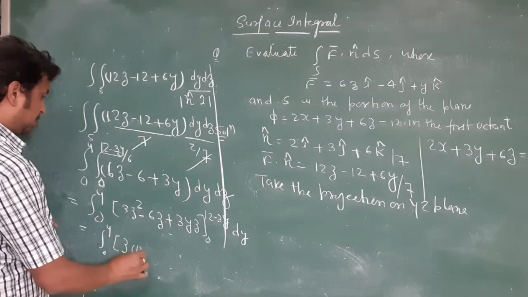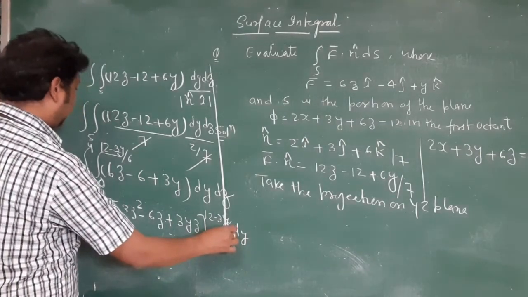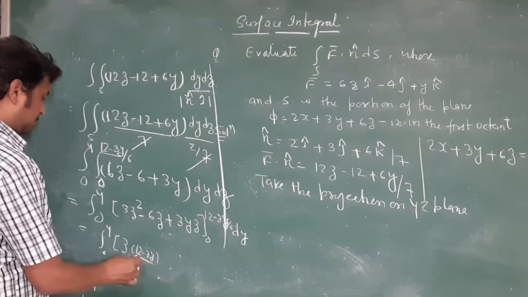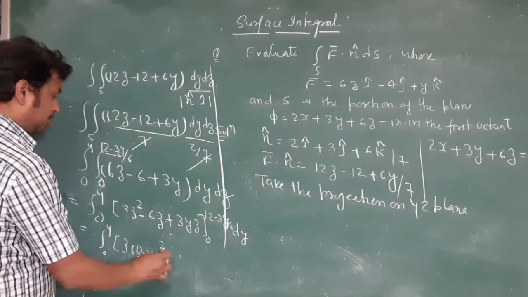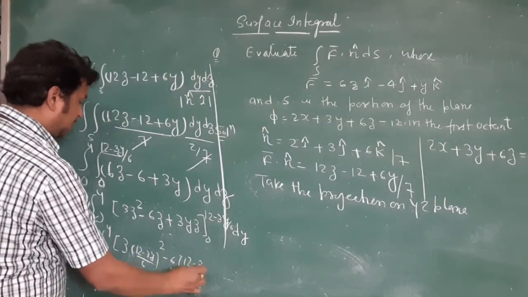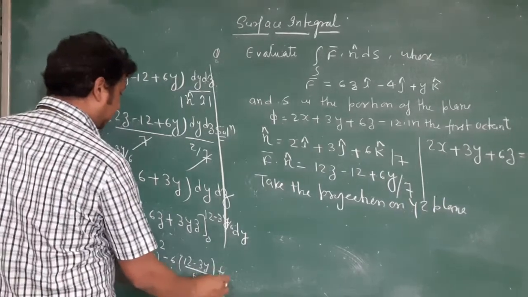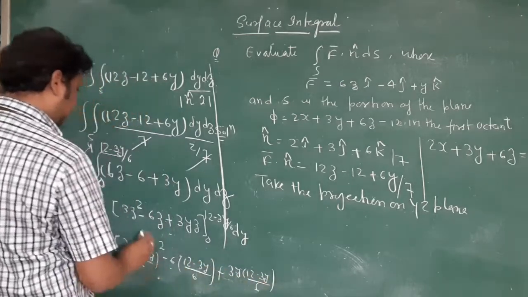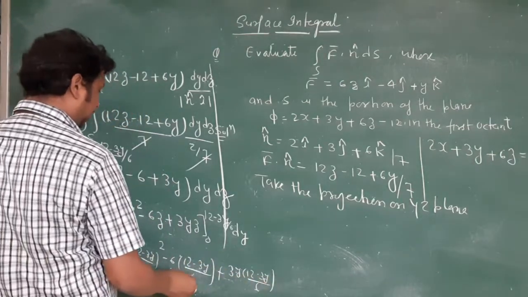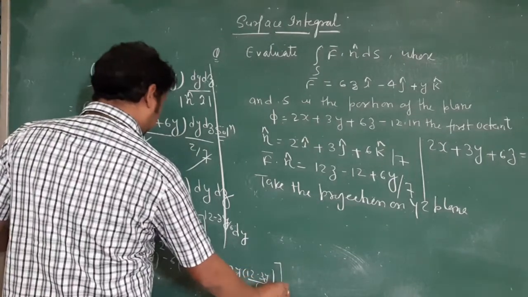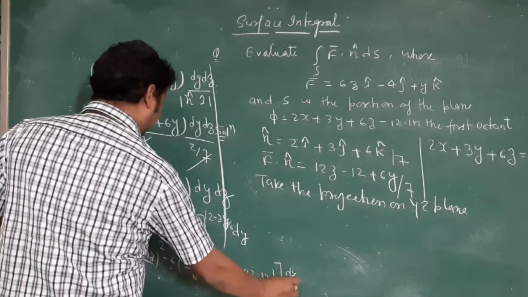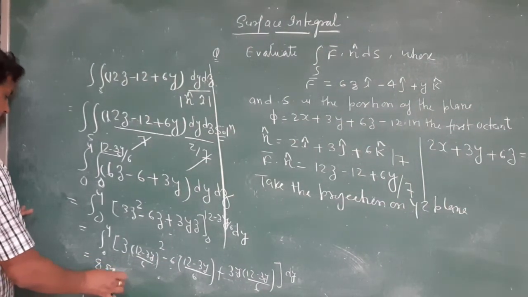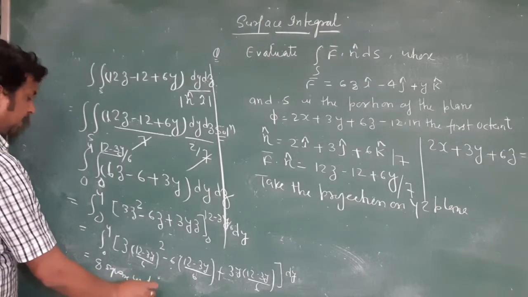Z square means 12 minus 3y by 6 whole square, minus 6 times 12 minus 3y by 6, plus 3y times 12 minus 3y by 6. Everything is now in y, and once you calculate, the answer is 8 square unit. Easily you can do.